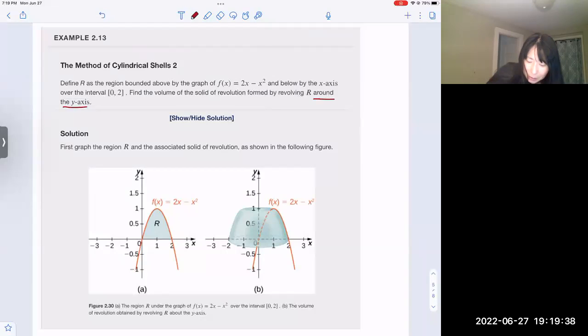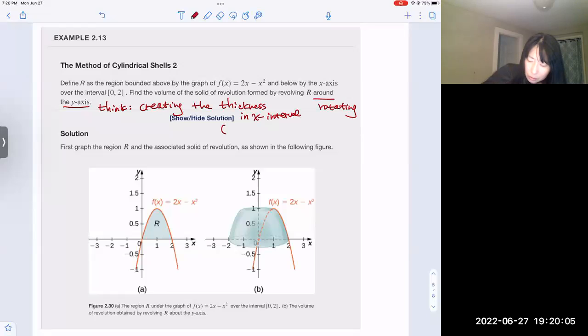Around the y-axis means rotating about the y-axis, then think creating the thickness in the x interval.